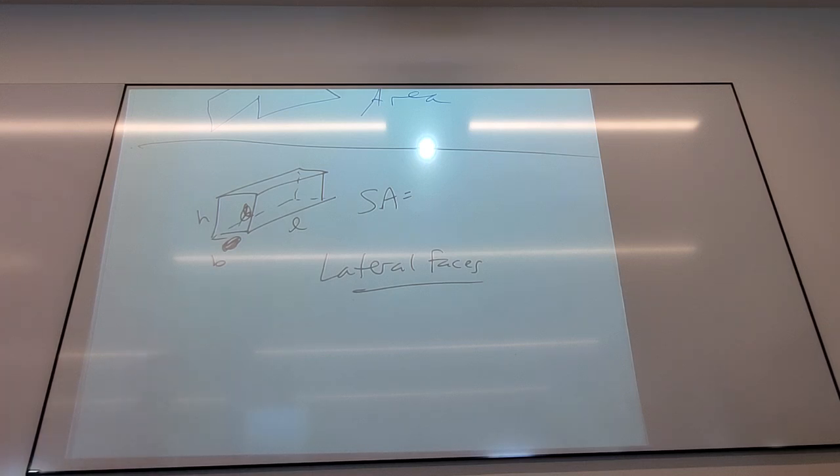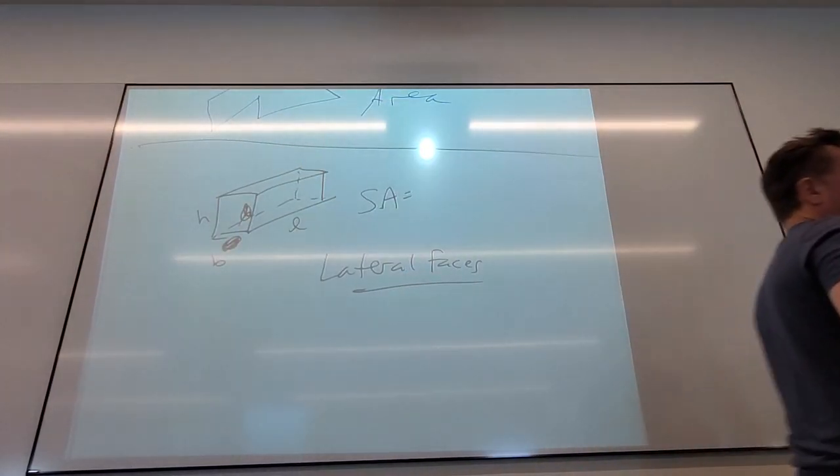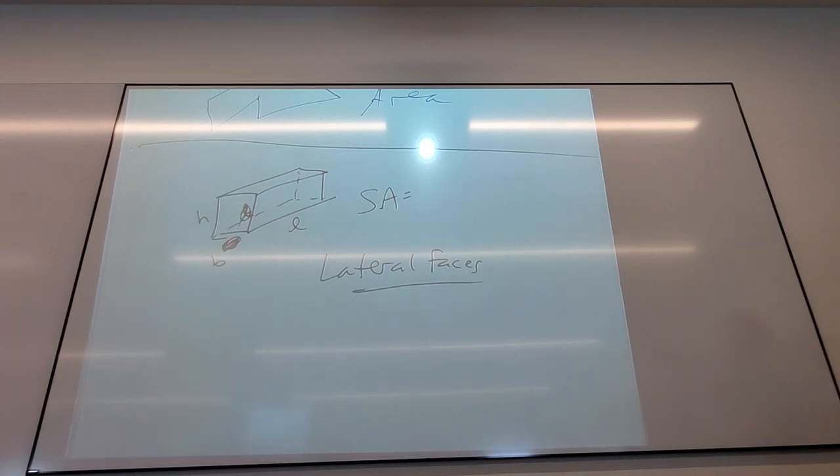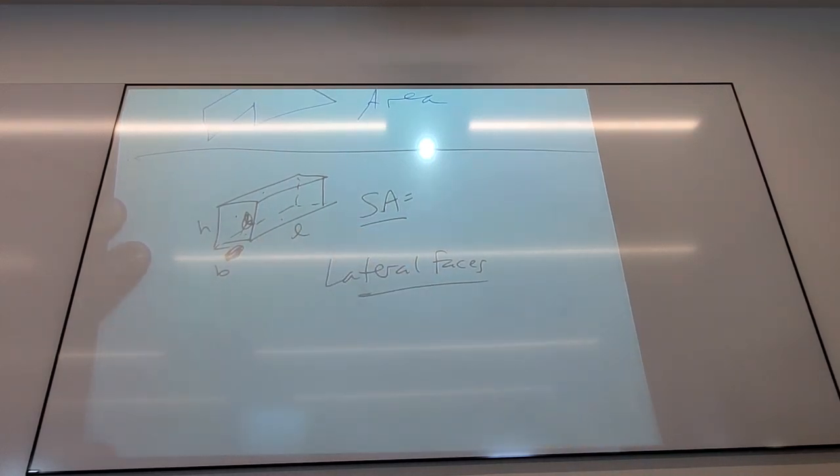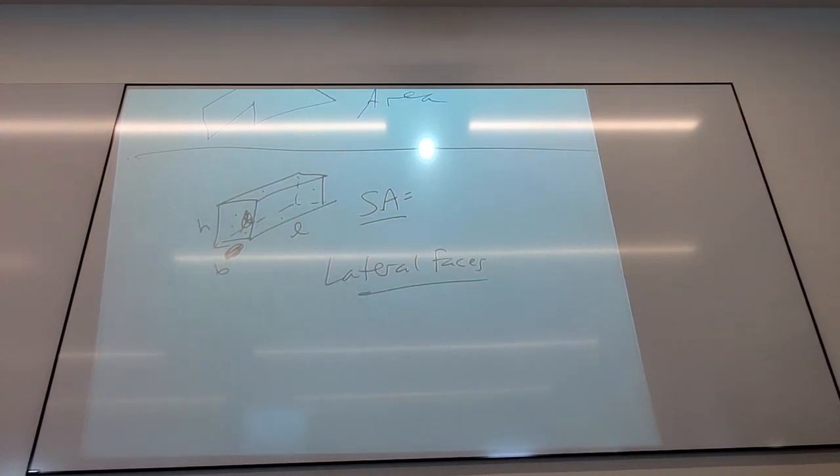On mine, it's kind of hard to designate the lateral sides. But for a prism, the lateral sides are what's connecting the common shapes. I like it. So the surface area, there's 4 lateral sides, yes? And then there's a top and a bottom.